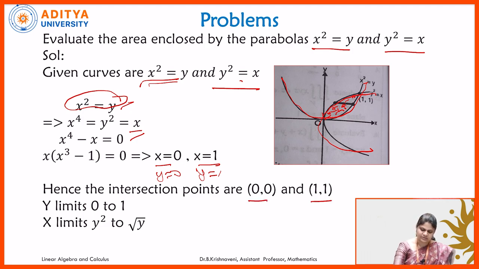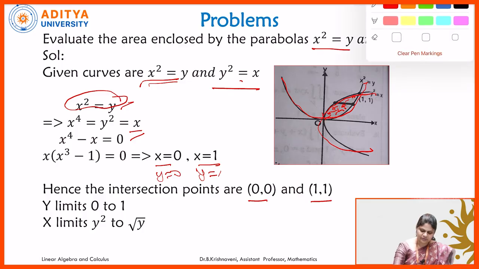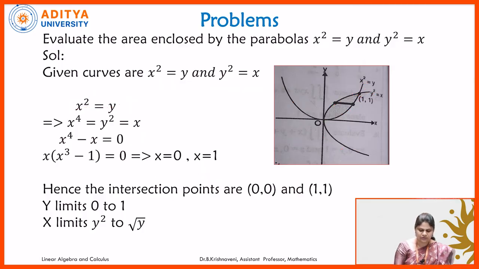Now coming to the limits. We already discussed how to find the limits in the region, either by using a horizontal strip or a vertical strip. In this question, let us consider a horizontal strip. Then we get the x limits along the strip from left to right. Left is touching the curve y square is equal to x, that is x is equal to y square.